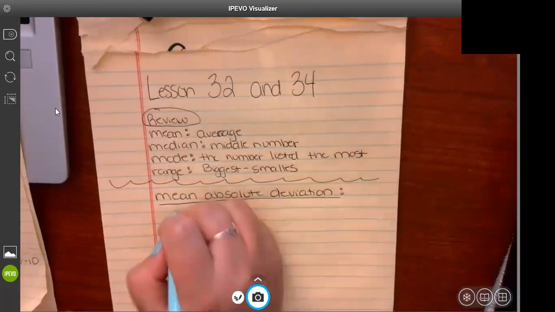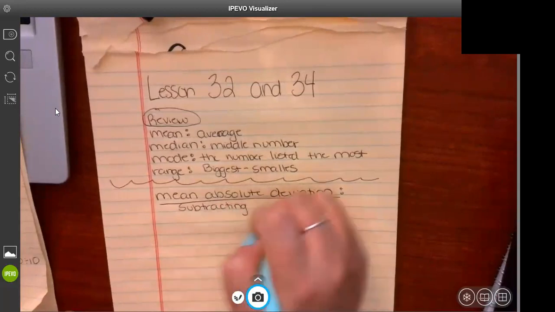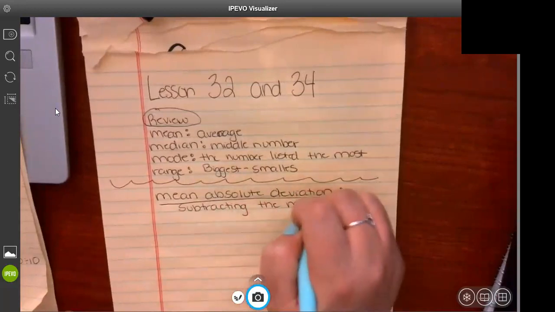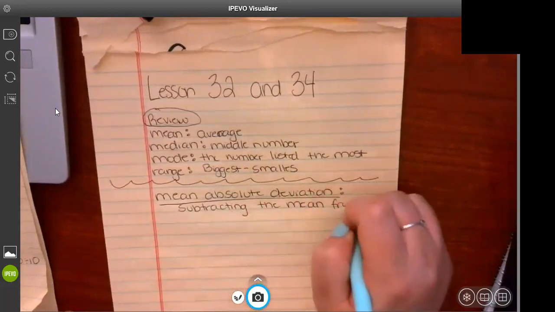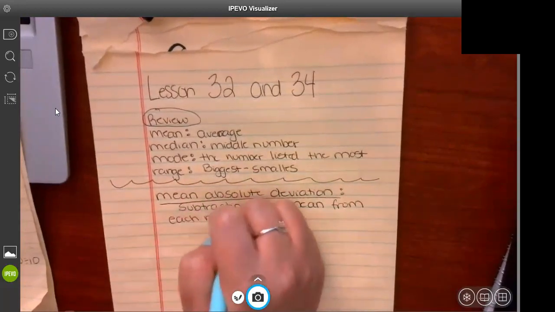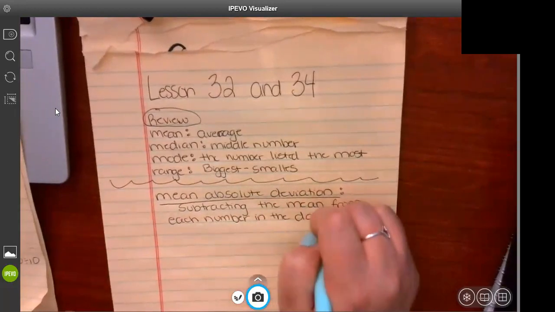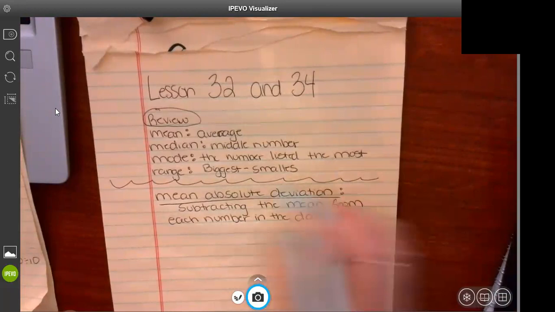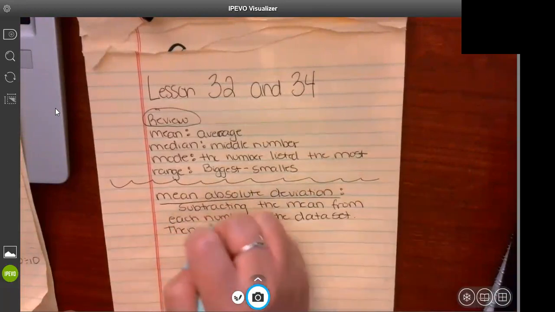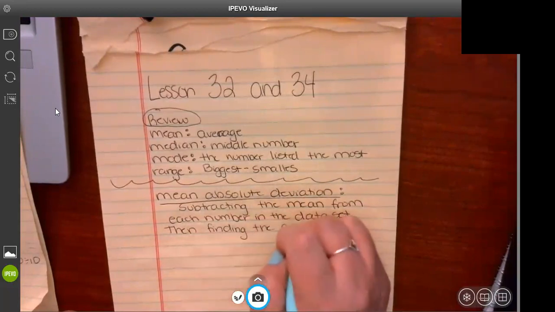And this is subtracting, or finding the difference, the mean from each number in the data set. Then finding the average.